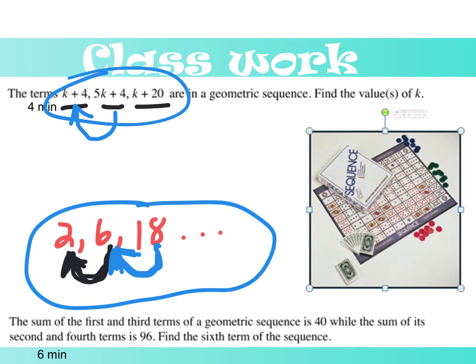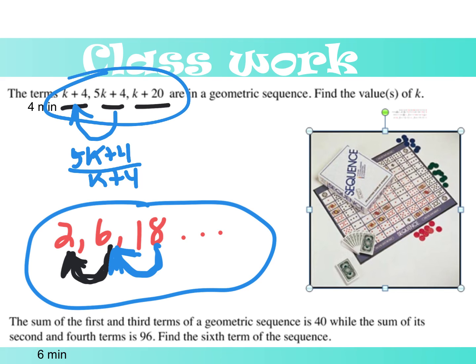Oh, 5K, keep going. Is it always going to be? Sorry, I lost it. 5K plus 4 divided by K plus 4. And no, the K plus 4s can't cancel. That wouldn't make sense.